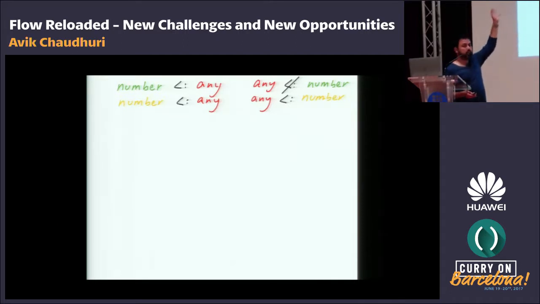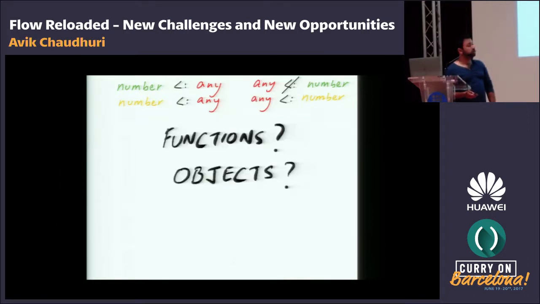So trusted or untrusted things can go to any, no problem, at least for primitives. But on the other hand, any can be considered to be a number only if that number is marked as untrusted.